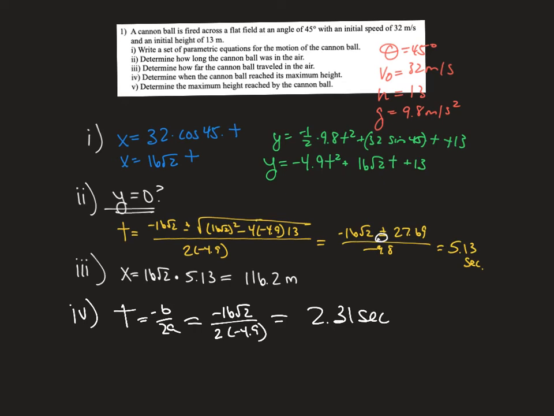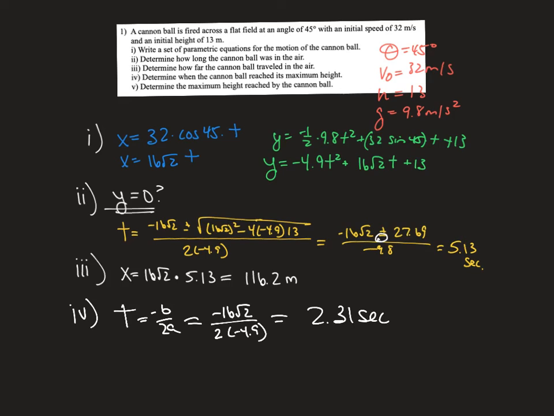And please remember that you are not allowed to just take this time and cut it in half. Do you remember why you can't do that? It is because you have an actual initial height right here.